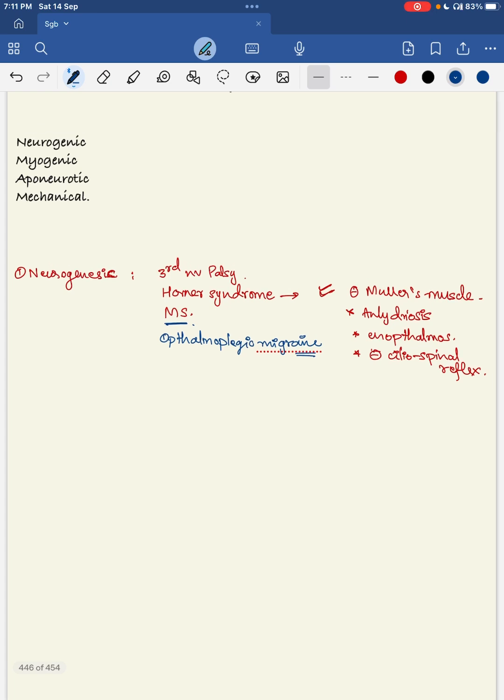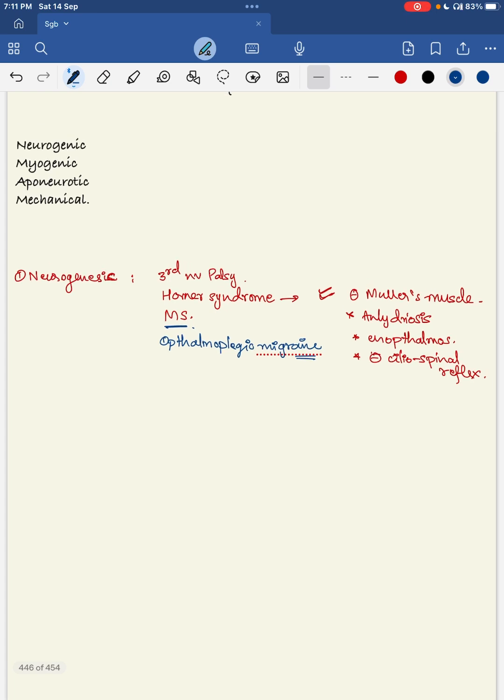Next, myogenic ptosis. Myogenic ptosis again can occur as a part of pathology in the muscle or pathology in the neuromuscular junction.